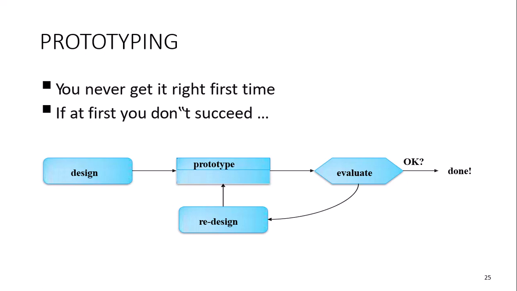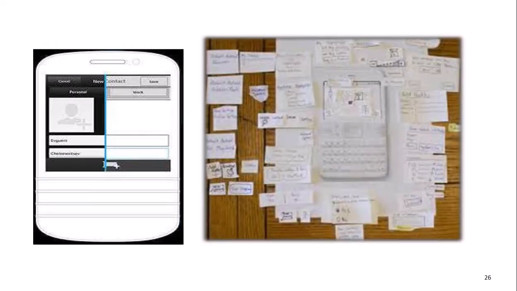If it is okay, then you go further to the next step. You can see this is the prototype of a mobile application. So from this huge amount of lists or specification, you design this prototype, and then you evaluate it with the user.